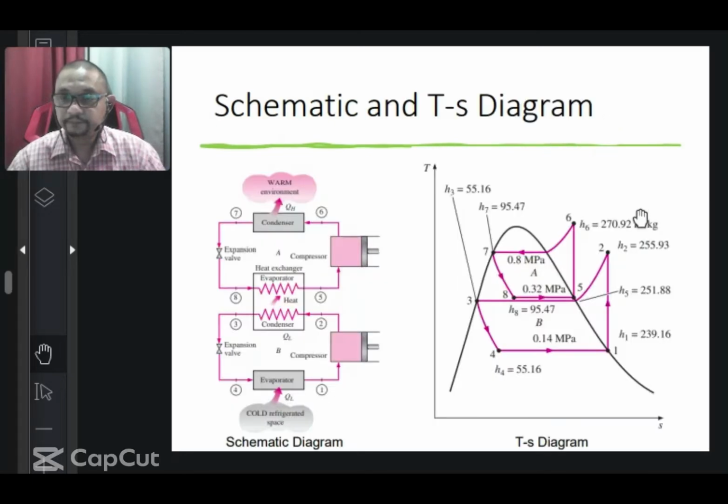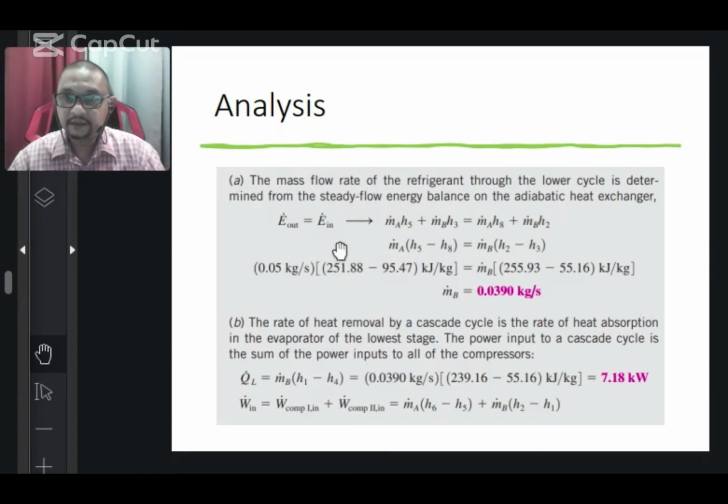So we get all the enthalpies, state 1, state 2 until state 7, based on the previous example. So you have to find all the enthalpies. From there, the mass flow rate of the refrigerant through the lower cycle is determined from the steady flow energy equation, SFEE, on the adiabatic heat exchanger.